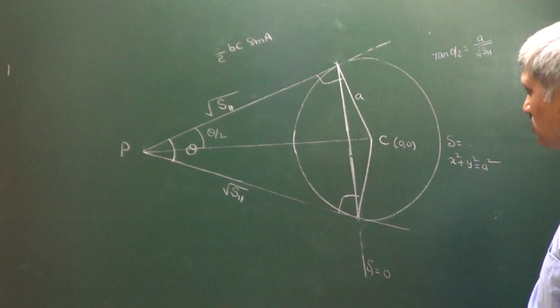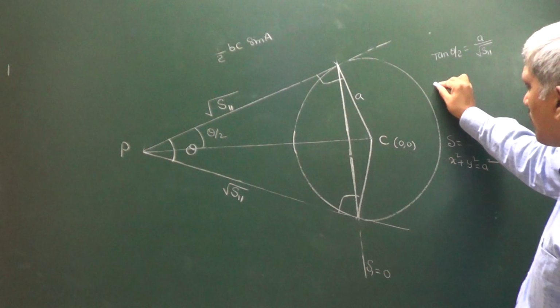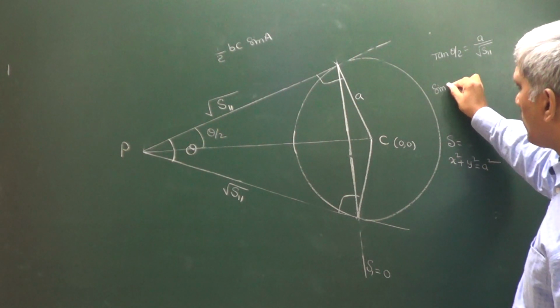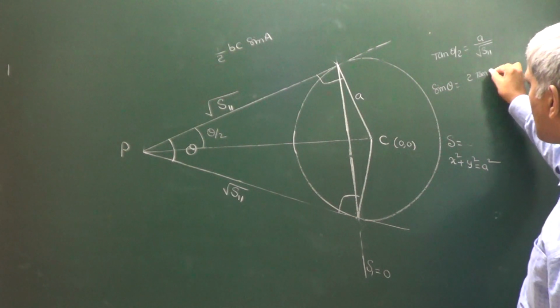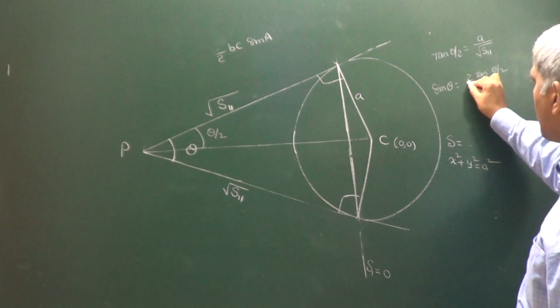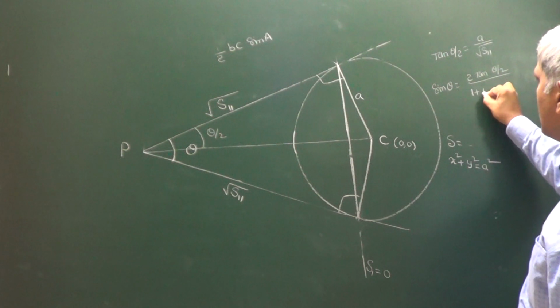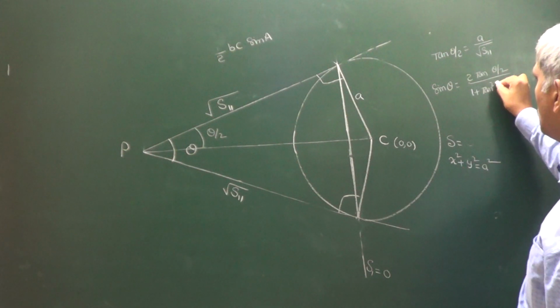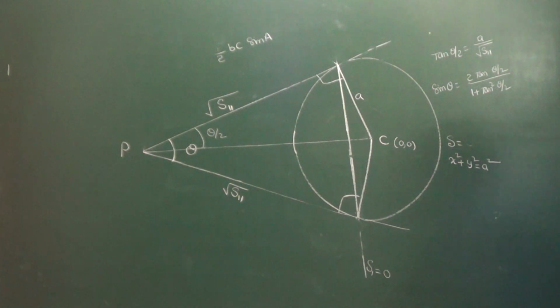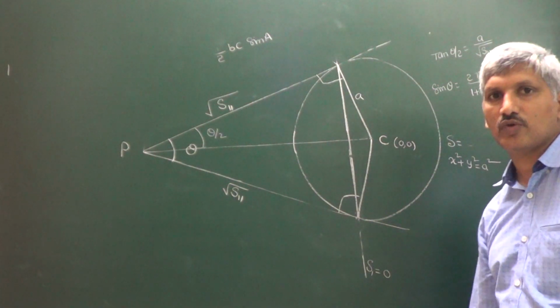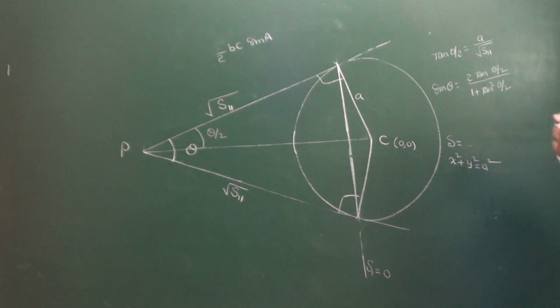We know the formula for sin theta. What is the sin theta formula in terms of tan? Sin theta is equal to 2 tan theta by 2 divided by 1 plus tan square theta by 2. That is the formula for sin theta.